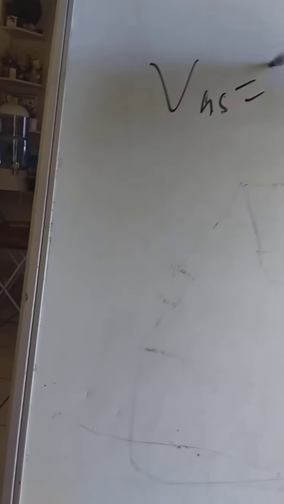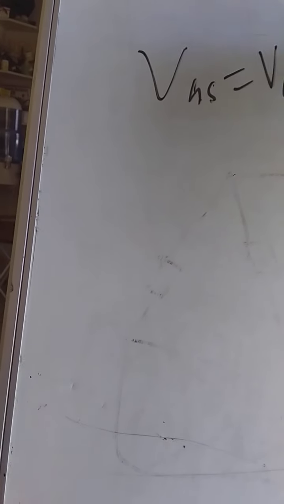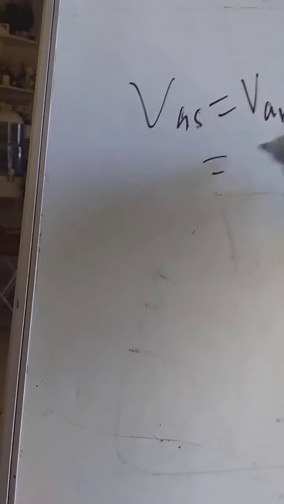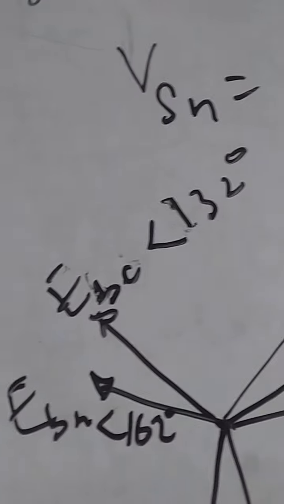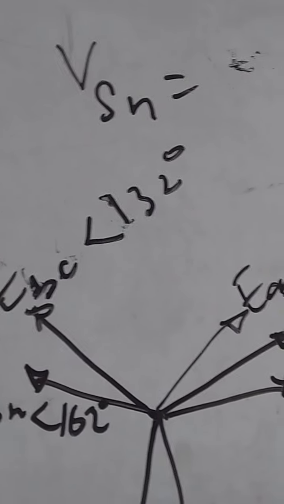And how do we get our VAS? Our VAS is equal to VAN minus VSN. You go to the phasor diagram to look for your VAN.